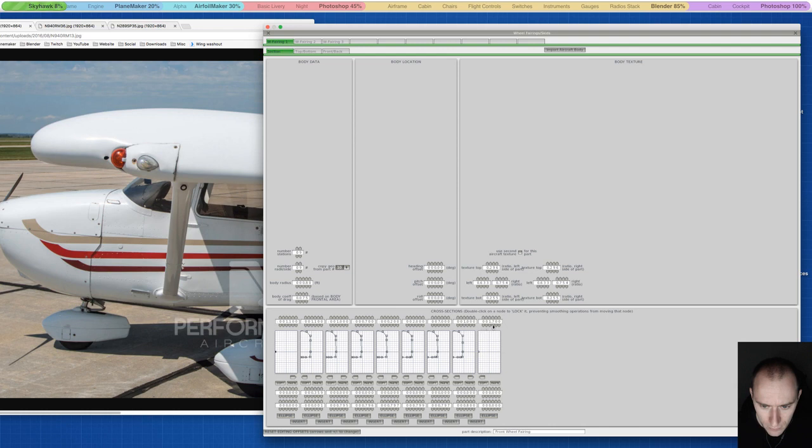Points. Oh, this is point, yeah. 0.2. Point. And it should be plus. This is 0.7. And this was 0.7 as well.